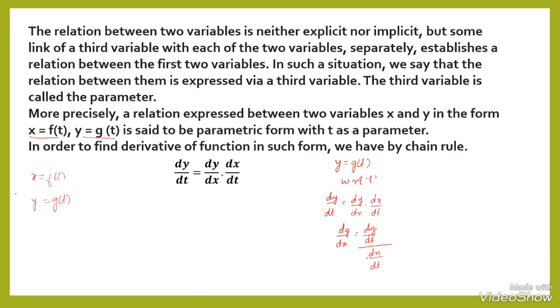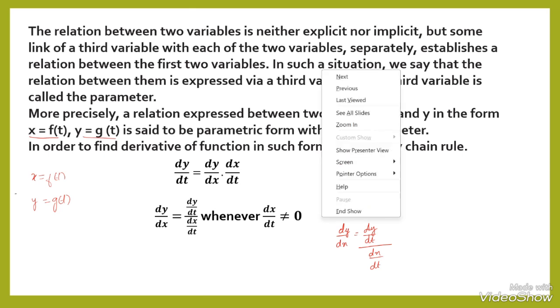Always, dx by dt has some value. That is, dy by dx can be expressed as dy by dt divided by dx by dt, where t is the parameter, and we differentiate using the parameter whenever dx by dt is not equal to 0.